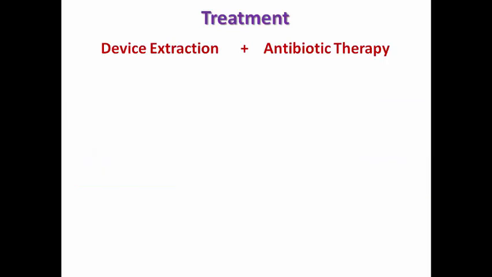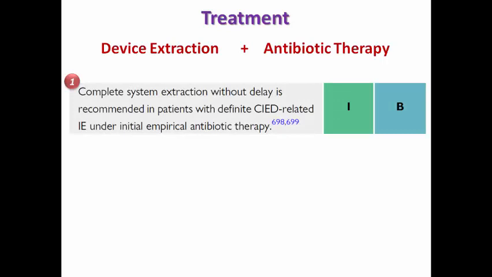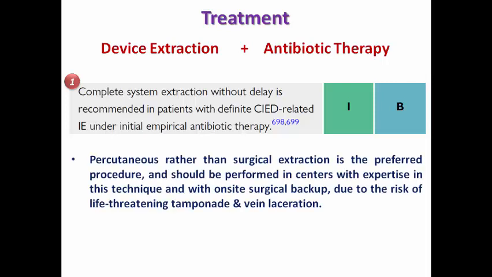According to the recommendations of the task force, what are the indications for device extraction, to be clear about this situation? First of all, class 1 indication for complete system extraction without delay in patients with definite cardiac device-related endocarditis under empirical antibiotic therapy. You should remove the device completely as much as you can.